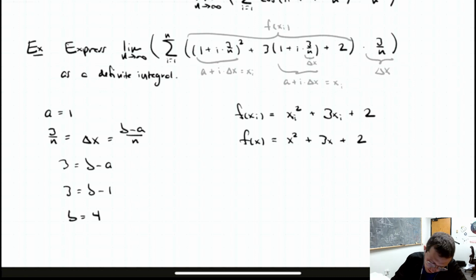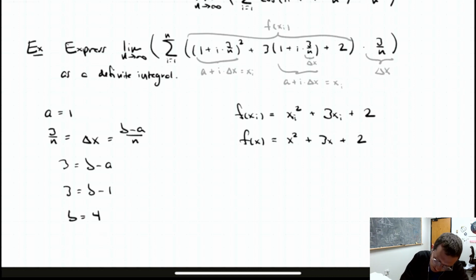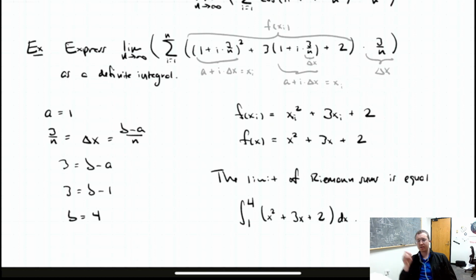Well, once I know the function and both of the bounds, I know what the integral is. This expression here is representing the integral from 1 to 4 of x squared plus 3x plus 2 with respect to x.